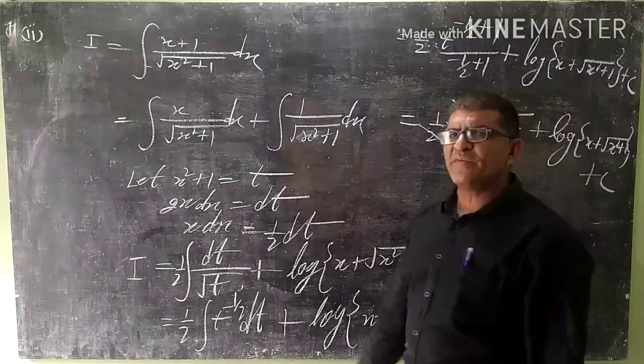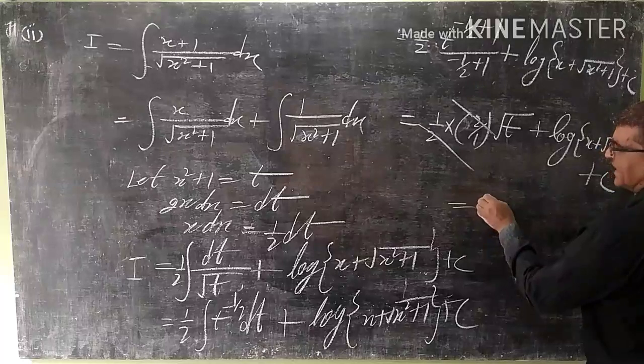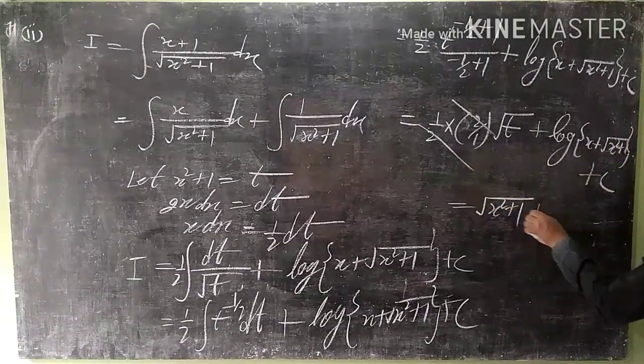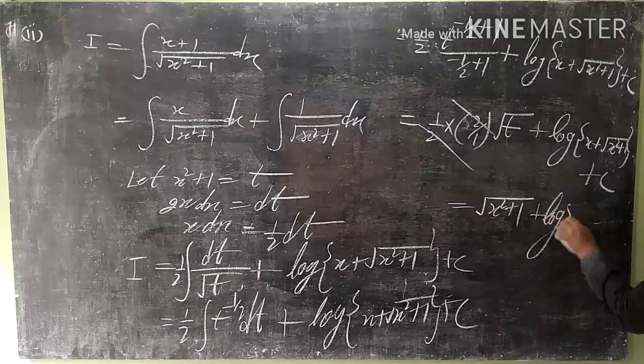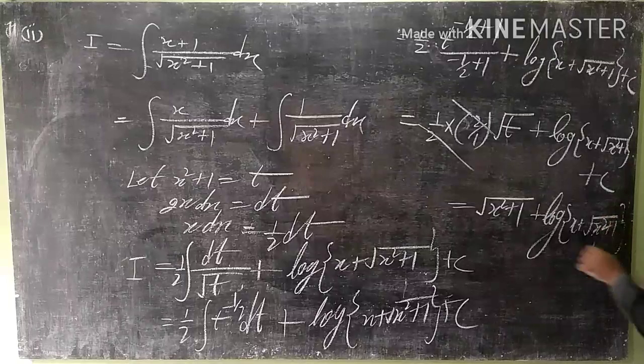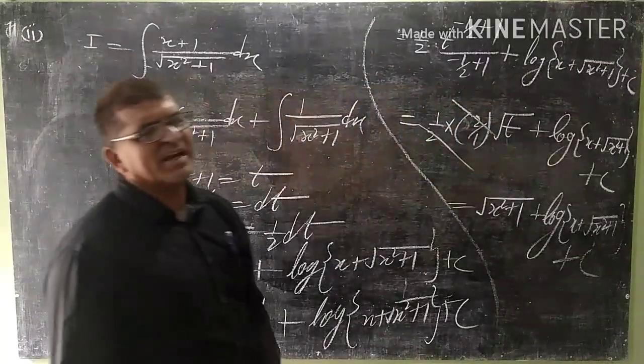Now you can put the value of t, which equals x square plus 1. Then it will become under root x square plus 1 plus log x plus under root x square plus 1 plus c. This is the solution of your question.